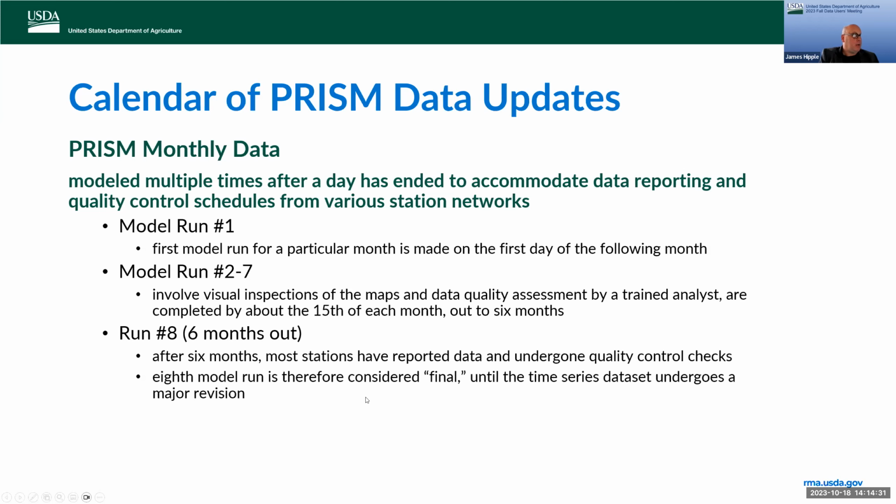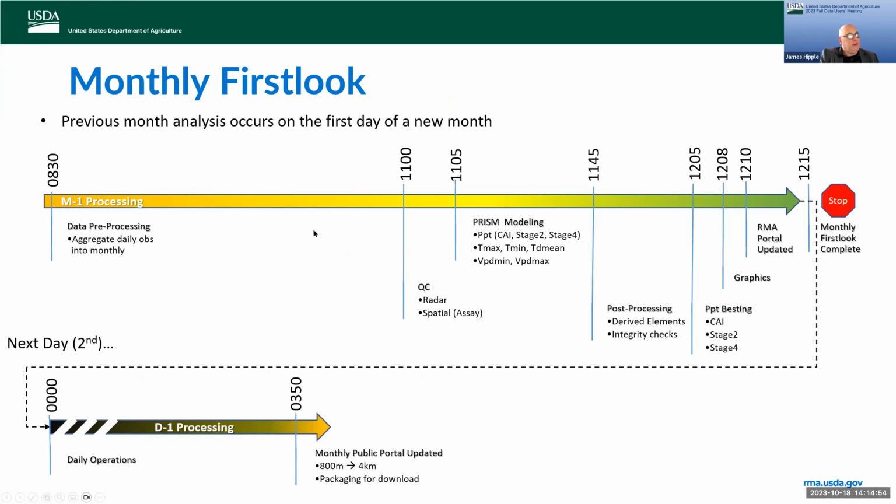And that final model run 6 months out is considered the stable. These aren't rerun until either large station networks come in or the model gets reevaluated, and then they do a wholesale change across all the grid cells and rerun. So it's a very similar process, although this is occurring on a monthly basis.